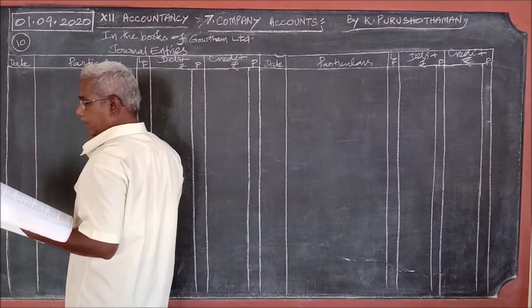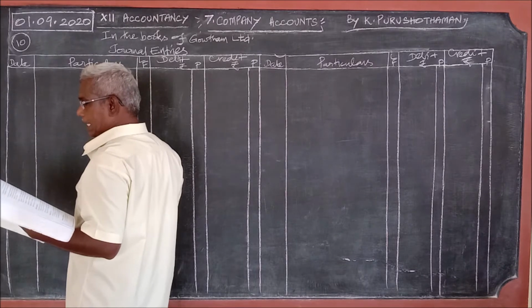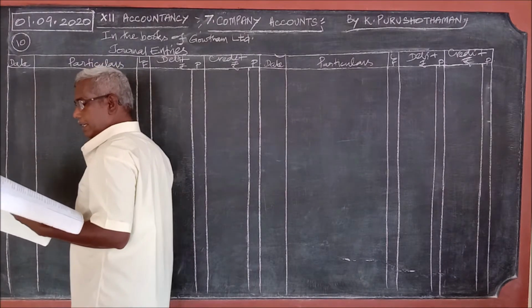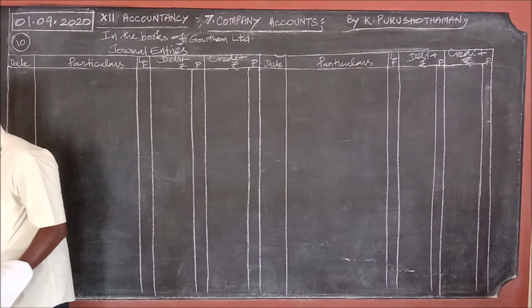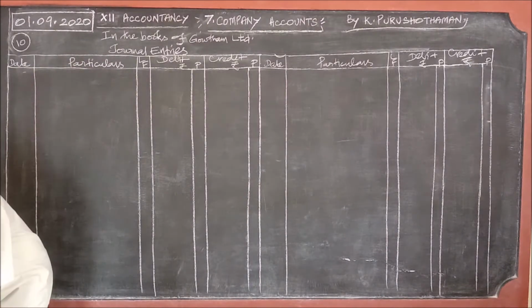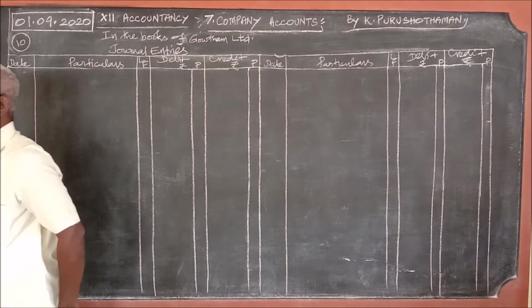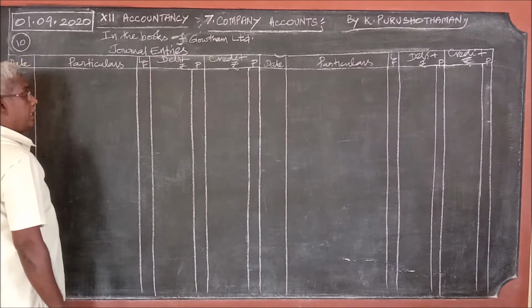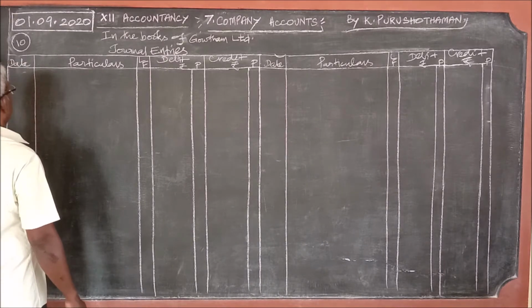What is the question? Show the journal entries for forfeiture and reissue. For forfeiture and reissue, what are the journal entries?